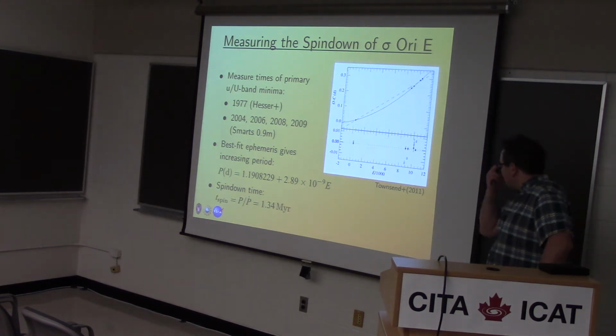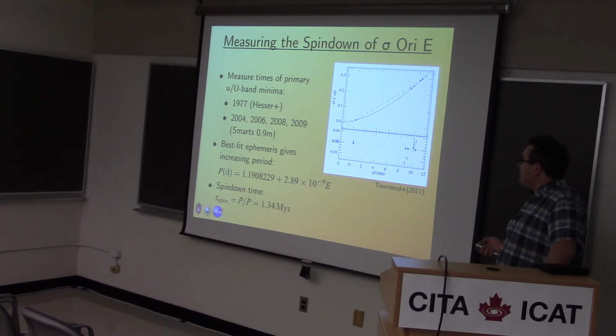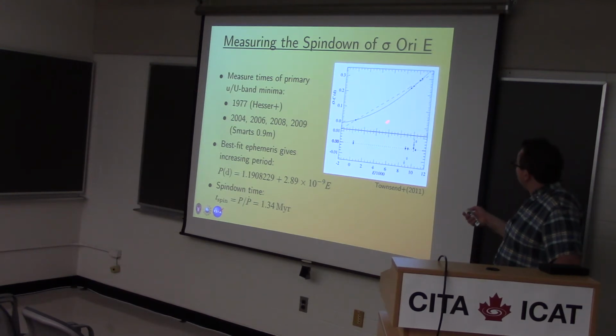The way we do this will be familiar to people who've worked on binary systems. We construct an OC diagram. This basically compares the difference between the observed time of an event versus the calculated time of an event, assuming some sort of ephemeris. If we assume a linear ephemeris, which basically says the star has a constant rotation period, then we're unable to fit all of the observational points.